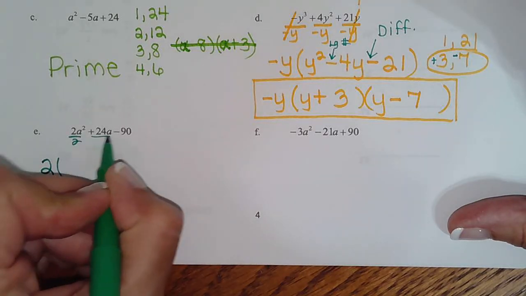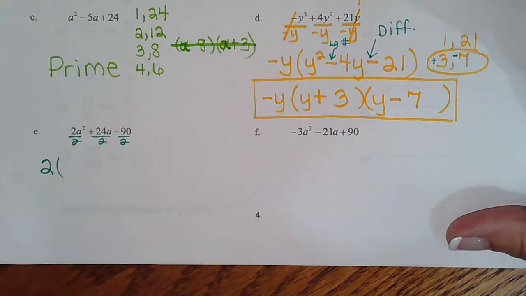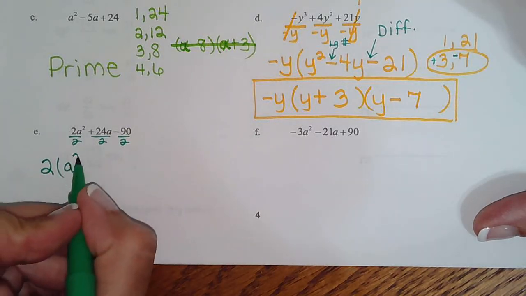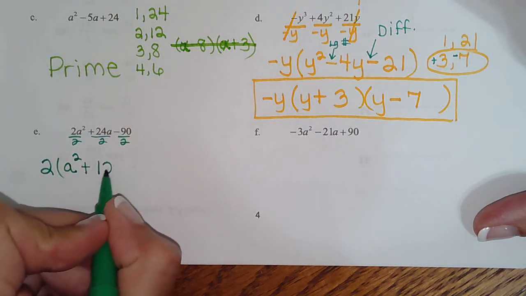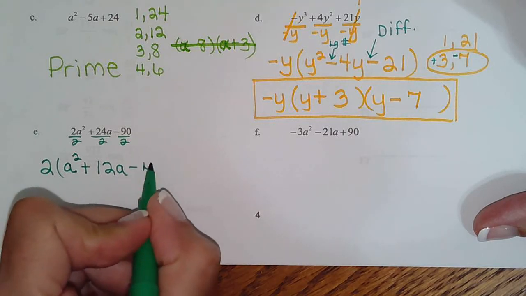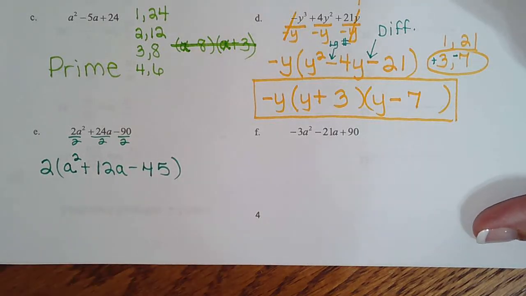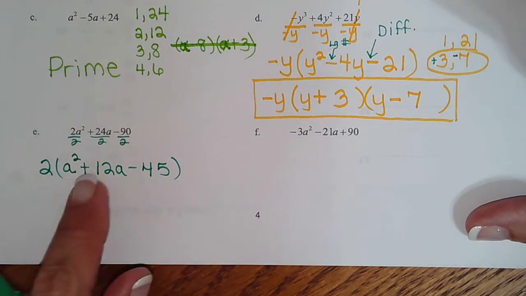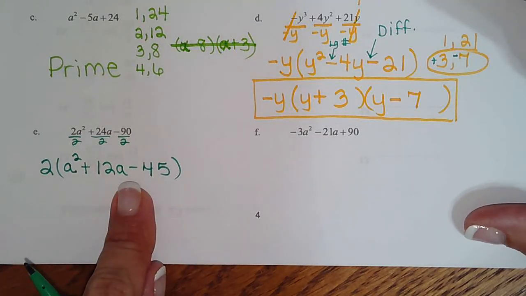So we pull the 2 out, and we get a squared plus 12a minus 45. And remember what I said on the last problem, don't stop after the first. You have to check and see if there's more factoring.